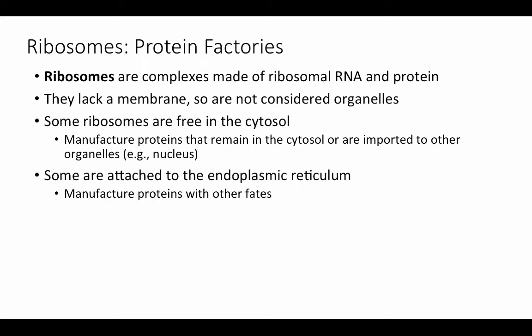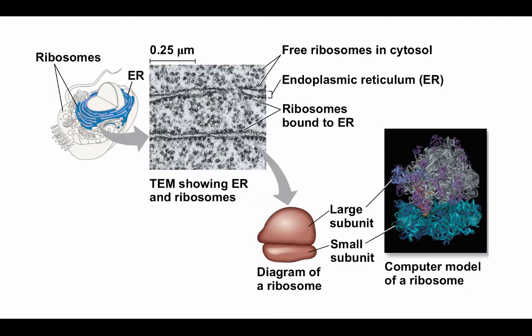Some ribosomes are attached to the endoplasmic reticulum. So these are going to manufacture proteins with other fates that are not going to be just dumped into the cytoplasm. These are going to be packaged and sent somewhere. So looking at an image, the ribosome comes, as we said, in two subunits. There's a large subunit and a small subunit. More about the function of these subunits when we get to translation.